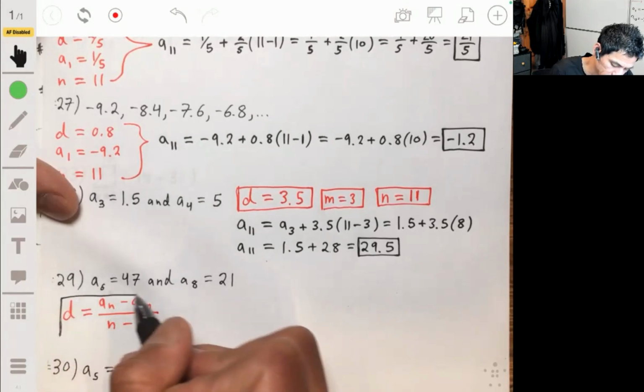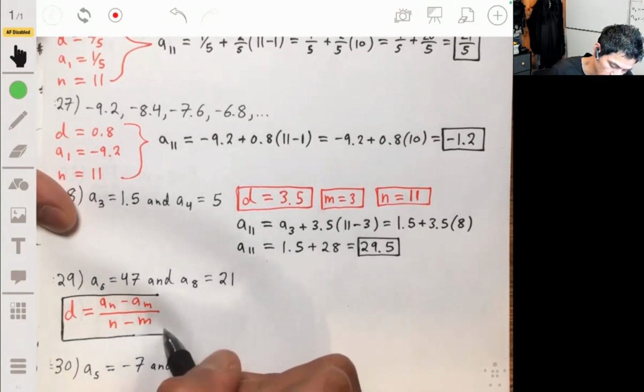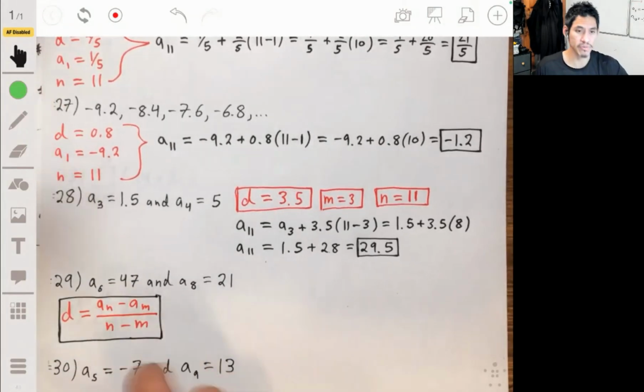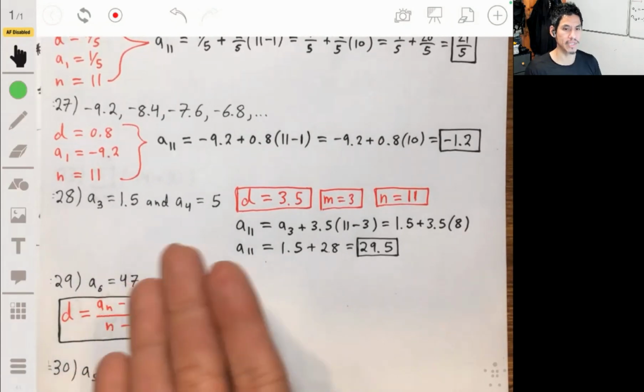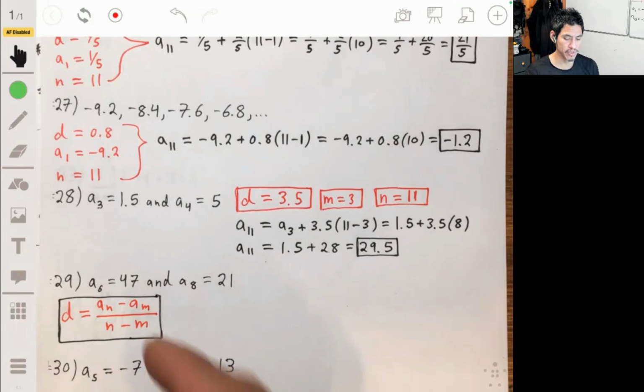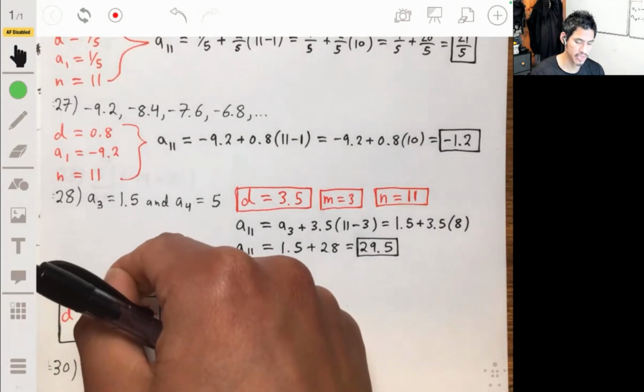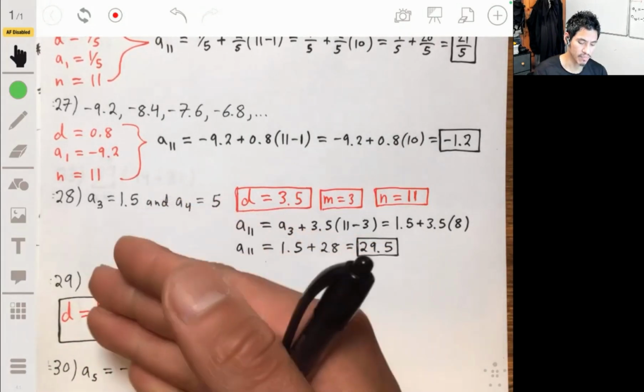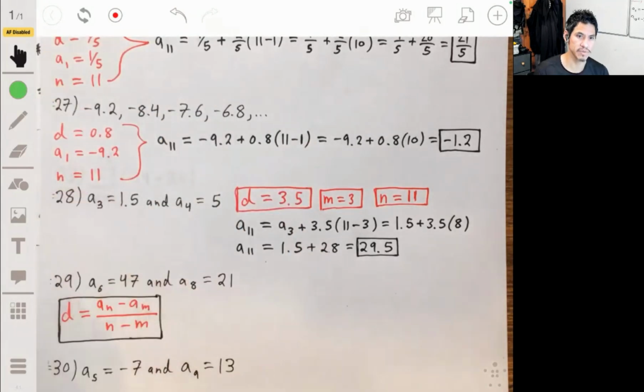And you should use this when you're not just given two terms in a row, because you can't just subtract these two from one another, because they're not consecutive. You need to know A7 to find the common difference by just subtracting. But if you use this equation, you can find the difference as long as you're given two terms.